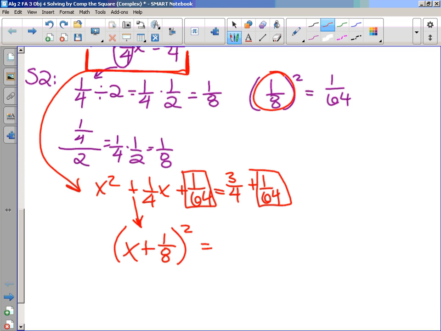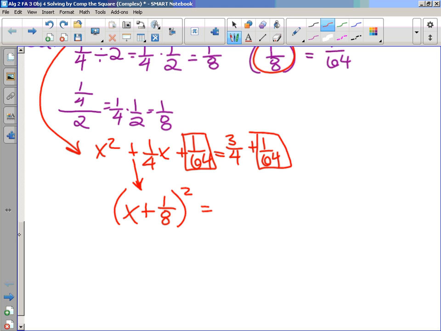But then on the right hand side, what I want to do is turn 3/4 into a fraction that I can combine with 1/64. And I do that by multiplying times, oh gosh, I'm blanking for a second. 16.